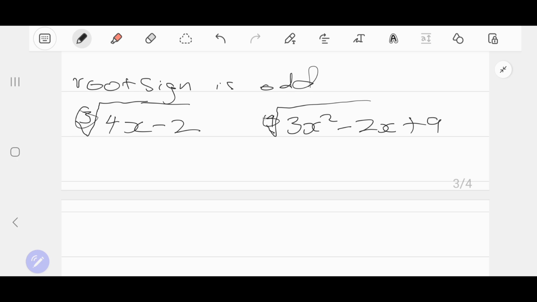These numbers are odd, meaning the root sign, people, is of an odd nature. This is how you're going to write.